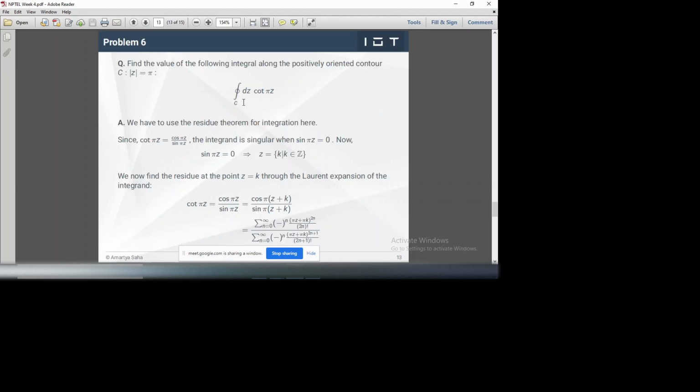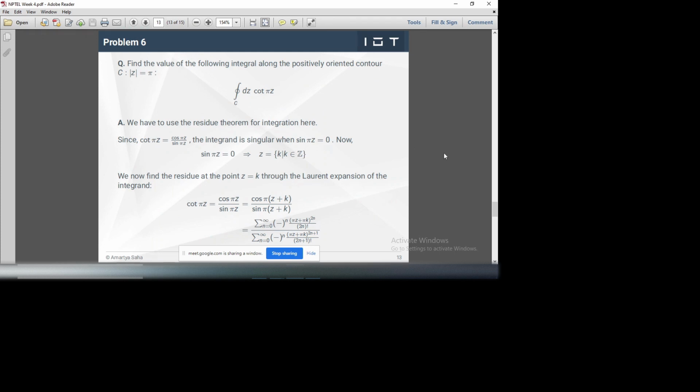So we just found the residues at the points of singularities of this function cot πz, and this is 1/π. Now to evaluate the integral, we have to find which points of singularity lie inside the contour. The contour is |z| = π, and we know the value of π is 3.14, so it is greater than 3 but less than 4, and our points of singularities are z equal to integers.